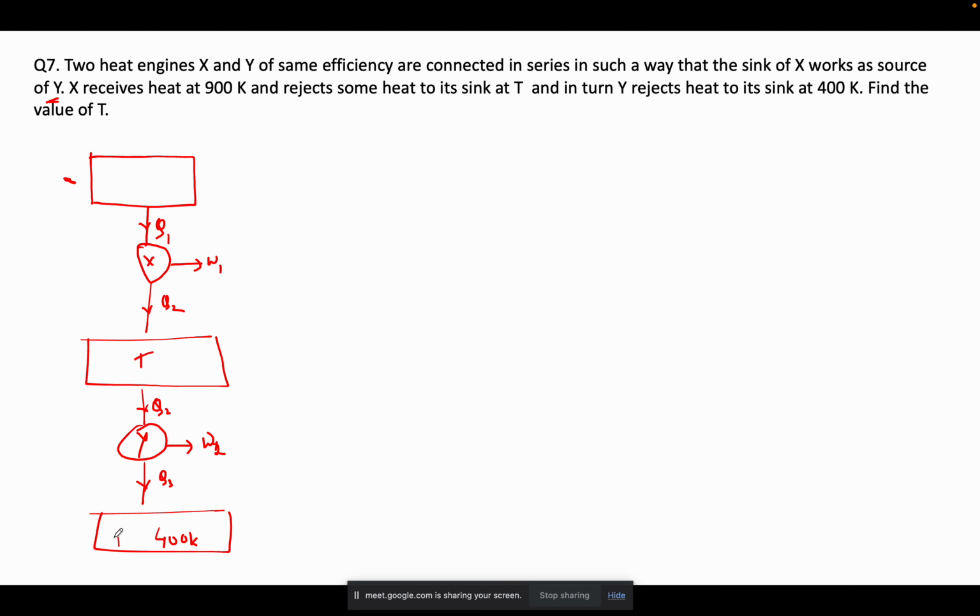This is T2, and this is your T1 at 900 Kelvin. Similarly, just like the previous one, they have just named it.